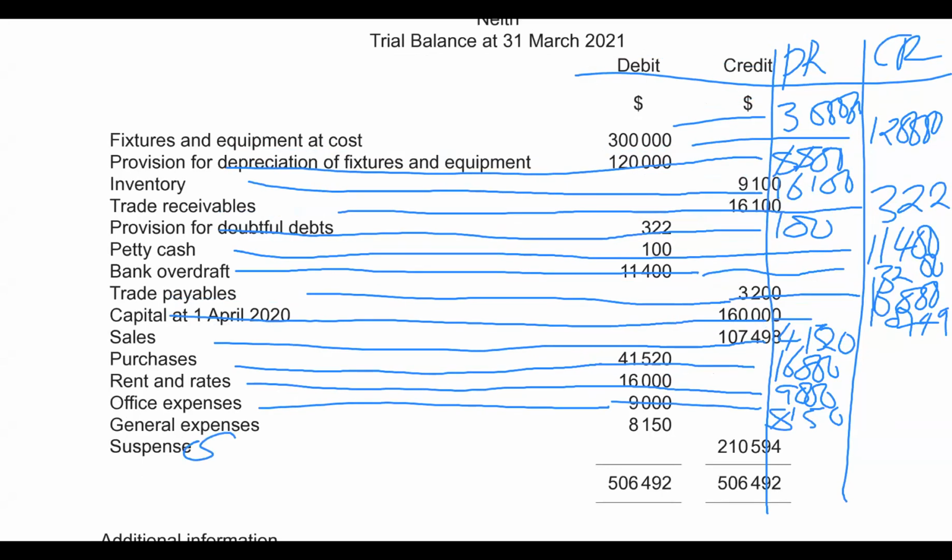So you should have indicated here other receivables, and you debit here 2,750 under other receivables. Is that clear?